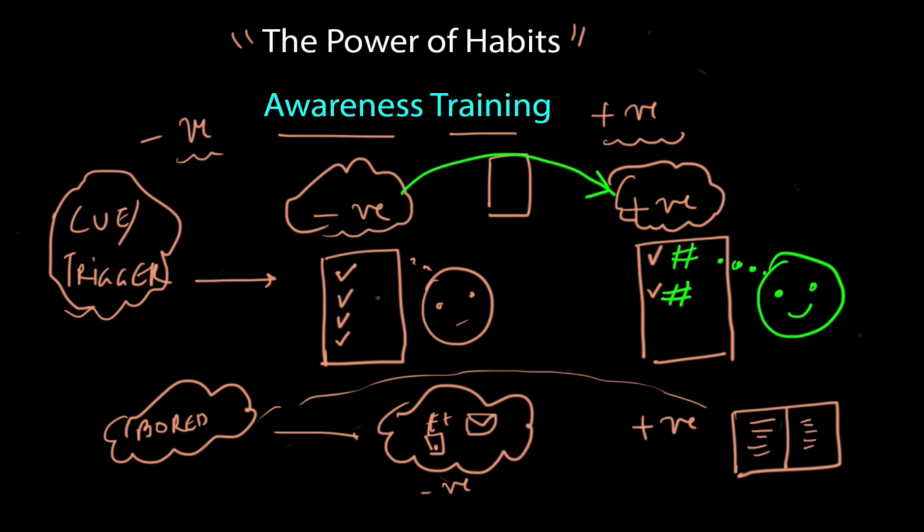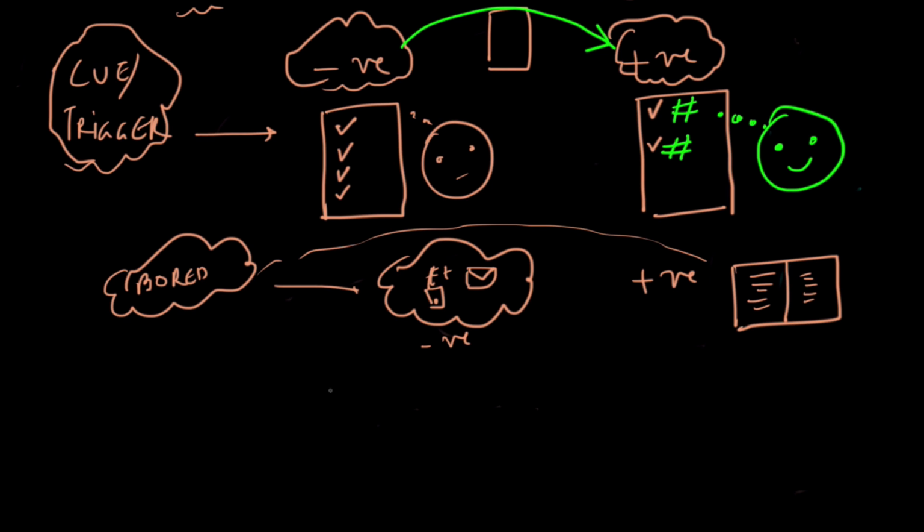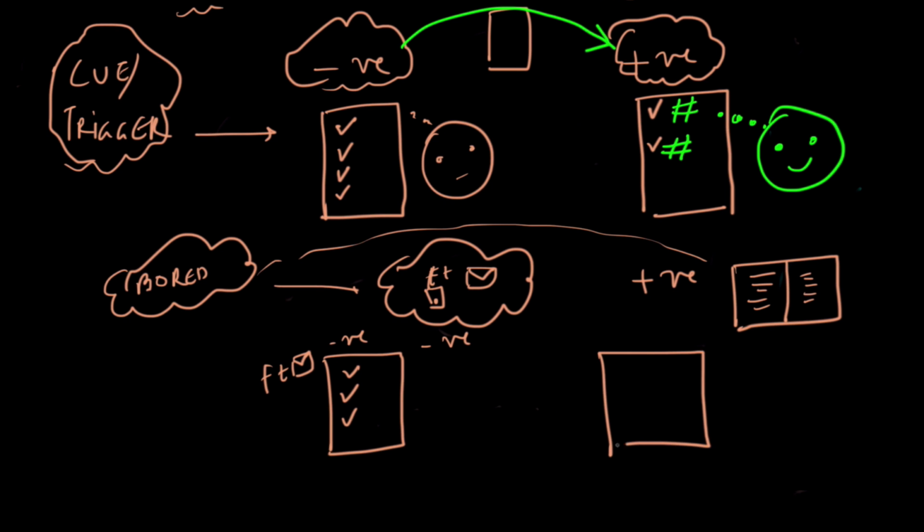And the way you're going to do it is, initially you're going to carry around an index card, and every time you feel the feeling of boredom coming along and you're just about to check your phone for Facebook, Twitter, all that stuff, you're going to put a check mark. And now you're going to move into the positive domain.